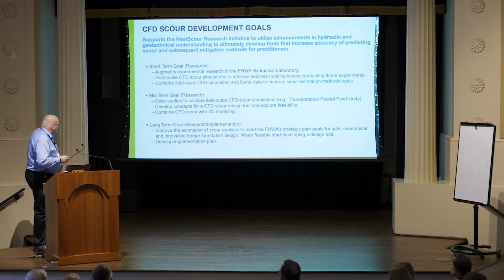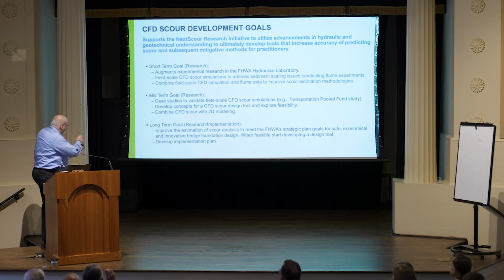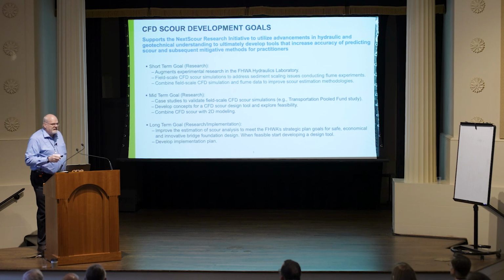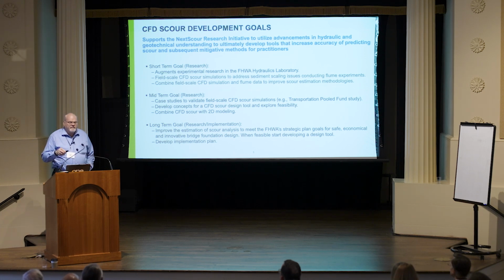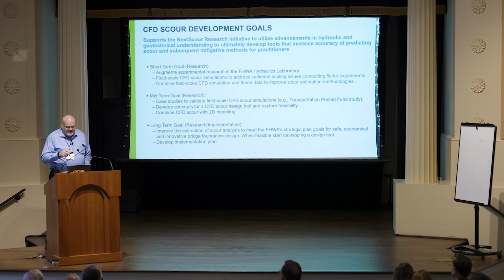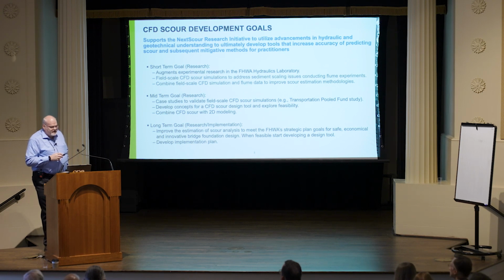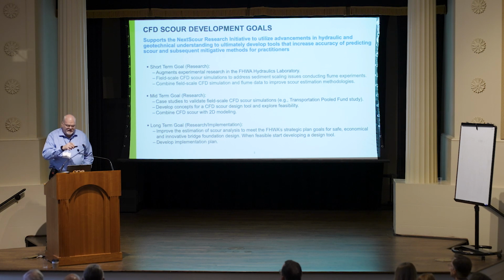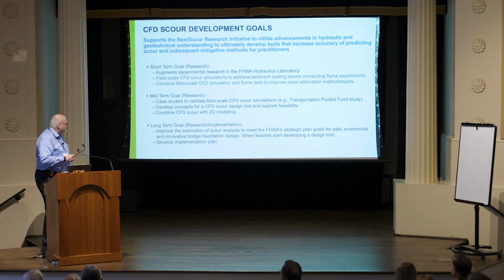Right? So you also see in the midterm goals here, right? We would like to combine the 3D CFD Scour software with 2D runs, like SRH2D, for example. It's because a 2D run can cover a much larger area. You'll see that in one of the slides later on as well, right?